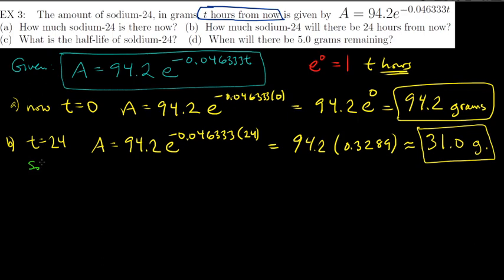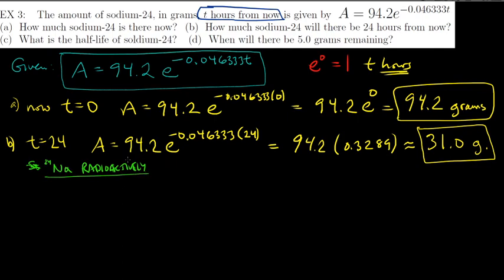But sodium-24, I think it's Na-24, is a radioactive isotope of sodium. And unlike salt, salt is sodium chloride. This is just sodium by itself, right? So this isotope of sodium is radioactive, which means you've got radiation coming from it.